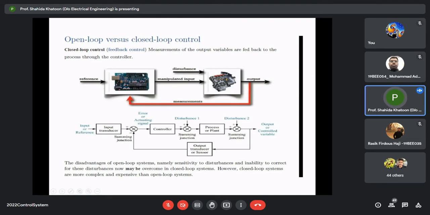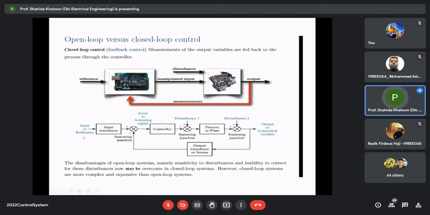So the reference is given to the controller, which also has an input from the output side, and the manipulated input is given to the plant, which is experiencing a disturbance, and an output is generated. The output is measured and fed back to the input.